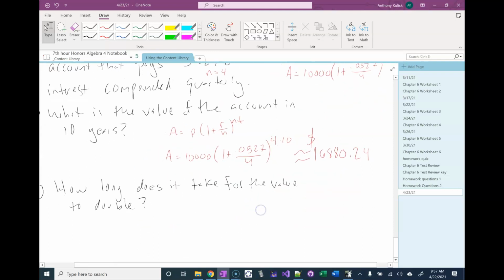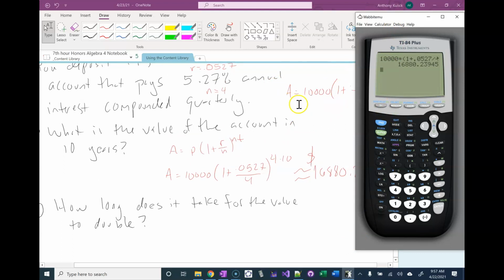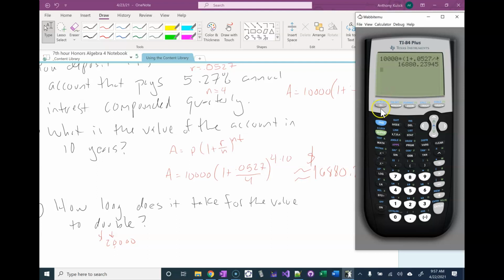Now in part B, it asks how long it takes for the account to double in value. This is going to be a problem where I graph our general model and then graph, in this case of double, 20,000, since the initial investment was 10,000, and find the intersection, just like we did in the previous problems.